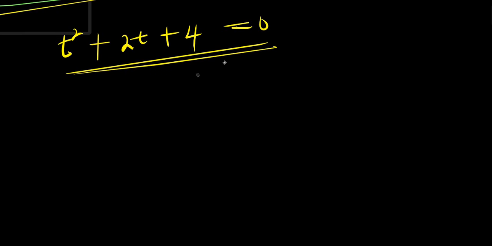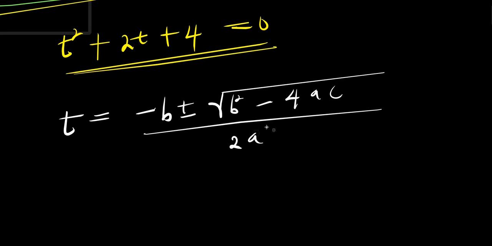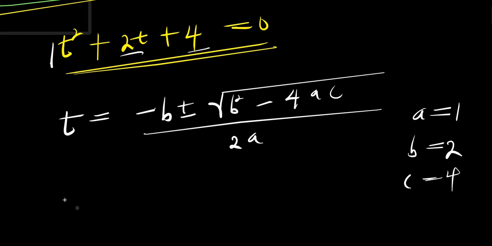Now let's solve this using the formula method of t equals negative b plus or minus square root of b squared minus 4ac, divided by 2a. A equals 1, which is the coefficient of t squared. B equals 2, which is this 2 here. And c equals 4, which is the 4 here.